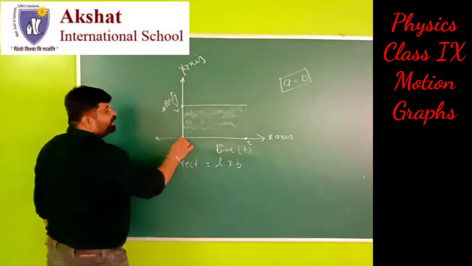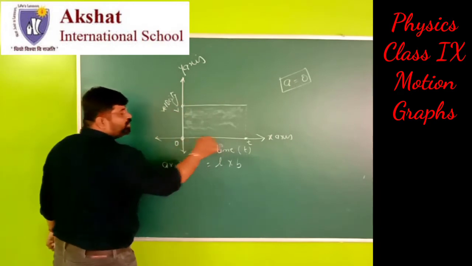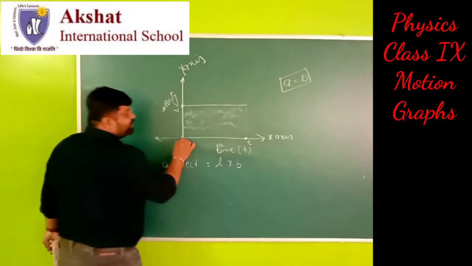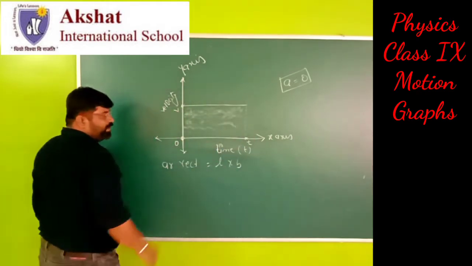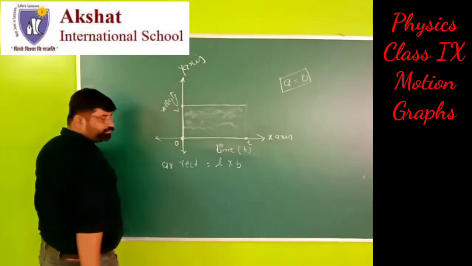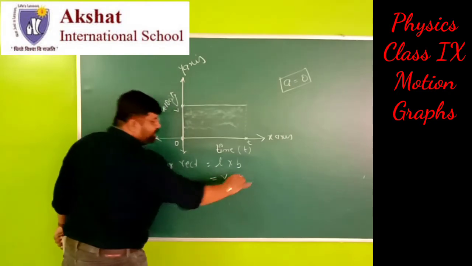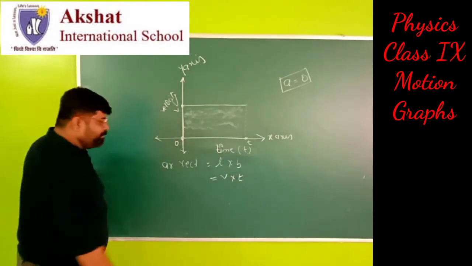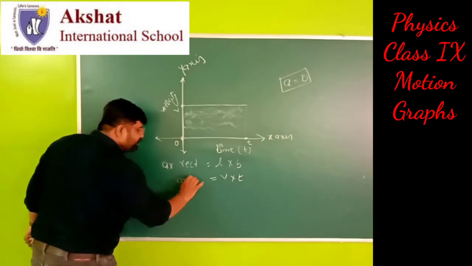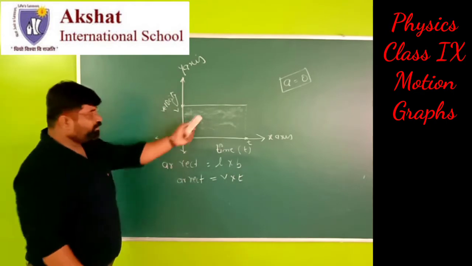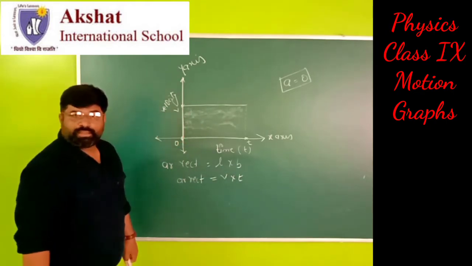Now here we have both the quantities. Say this is our length and this is our breadth. So I can write it as V into T. So the area of the rectangle is V into T. From this we can find out.